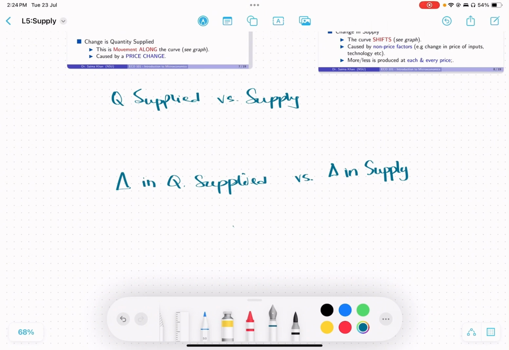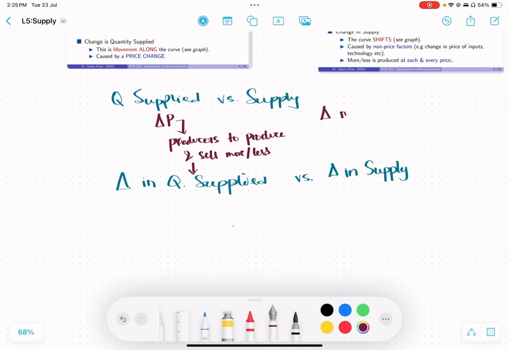When there is a change in price, which causes producers to produce and sell more or less, then we say that there has been a change in quantity supplied.